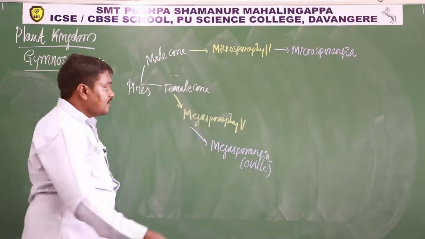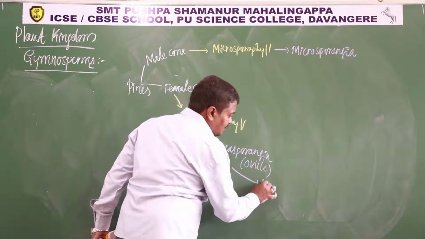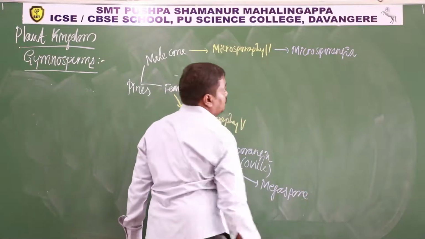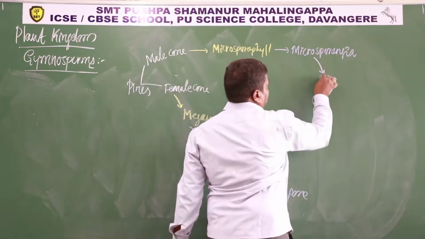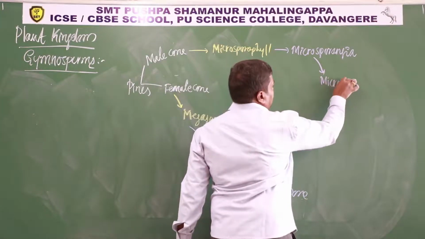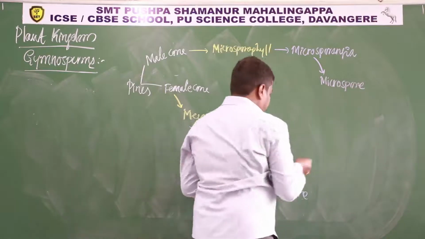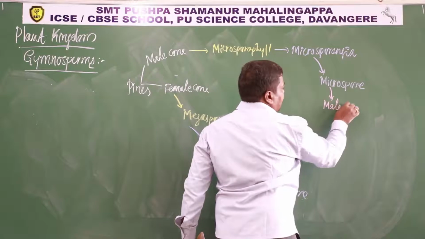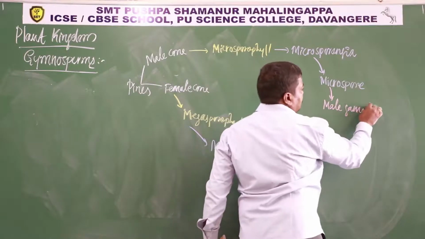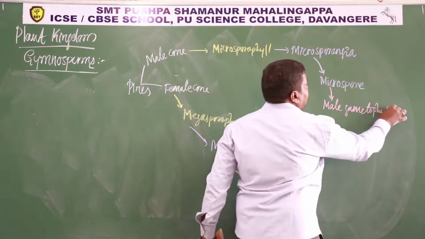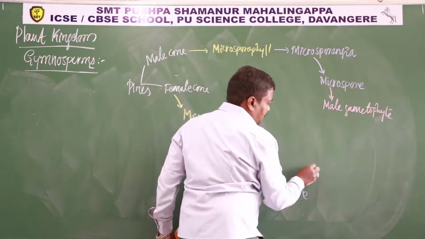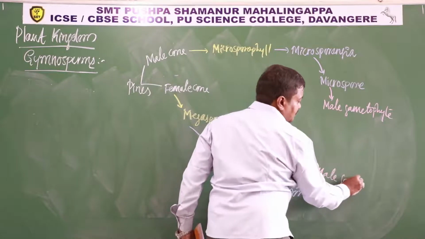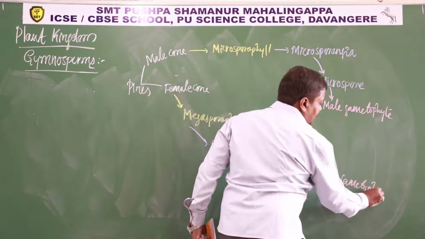This megasporangia is nothing but the ovule. Within this megasporangium, the megaspore is produced. Similarly, microsporangia produce microspores. Later this microspore develops into the male gametophyte. Similarly, the megaspore develops into the female gametophyte.